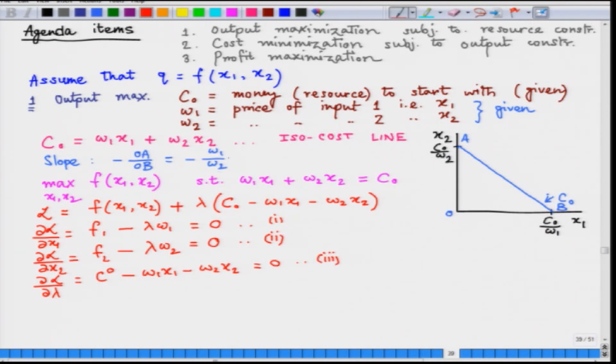Now, what do we get from all this? You can probably anticipate the result as we have derived this kind of Lagrange before. Right.